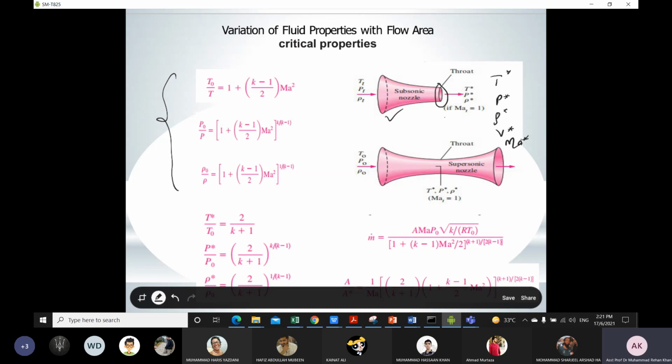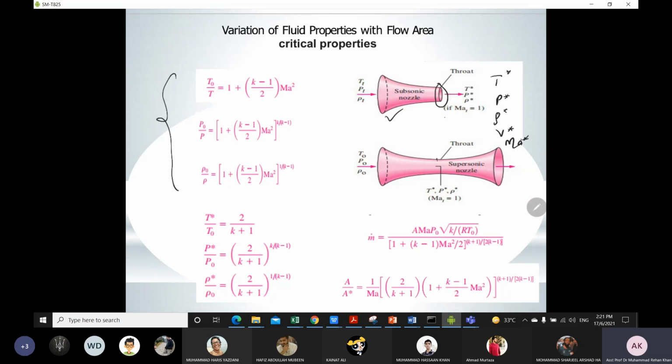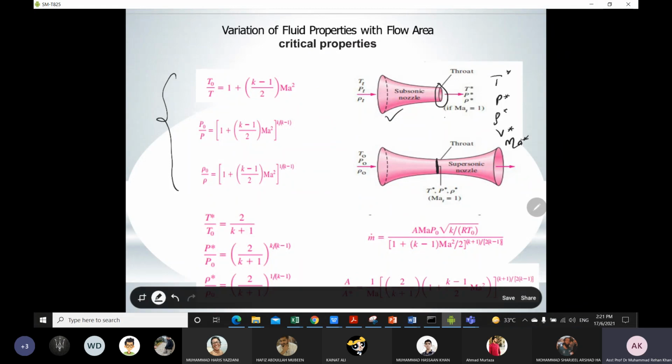So it means we are focusing on the critical properties. Similarly, in the case of a converging diverging nozzle, your throat is this one, okay, at the center. So if we want to find any critical property, for example, if I say in the problem statement that you have to find the critical properties, and I didn't mention which area I'm focusing on.